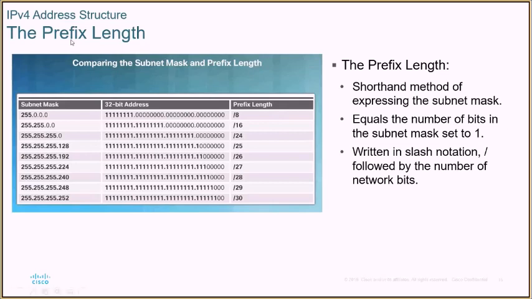As you can see here, this subnet mask is 255.0.0.0, which of course means the first 8 bits are ones, and the last 24 bits are zeros. And so 8 ones is /8, and that's a typical A-class mask. This is a B-class mask where you've got 8 bits and 8 bits, ones and ones, and so /16, and so on and so forth.